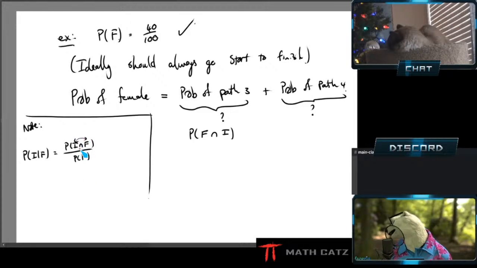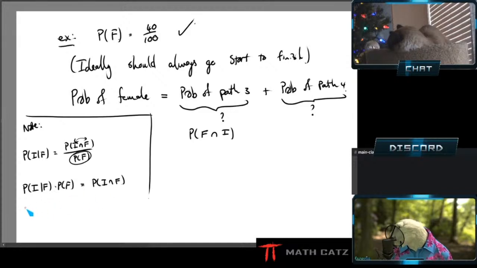These are interchangeable inside an intersection. If I now multiply both sides by the denominator, I get the conditional probability that was on the left, and then I multiply both sides by P of F, and then I just have the intersection on its own.